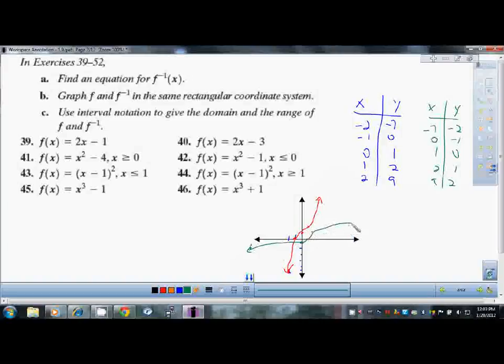When you graph those coordinates, it should look something like that. And hopefully you can see the symmetry.